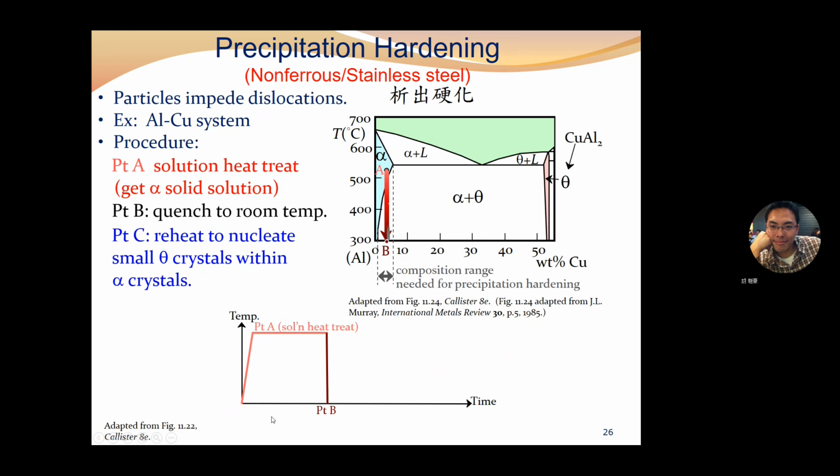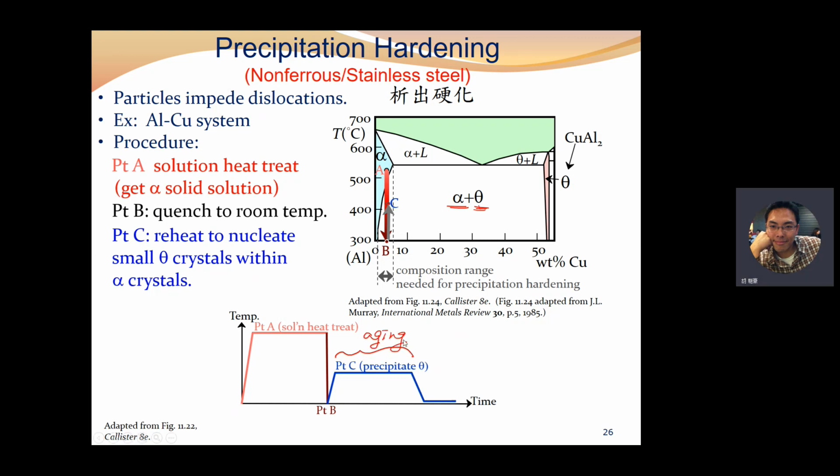And reheat it to nucleate small theta crystals within alpha crystals. That means the other phase forms, precipitates. The second solid phase forms in the alpha solid solution, and this time we call it the aging process.